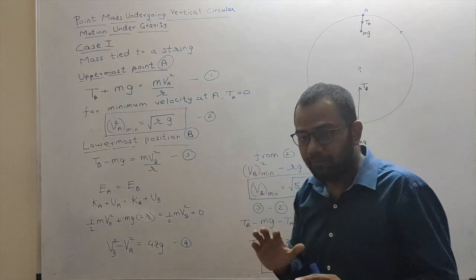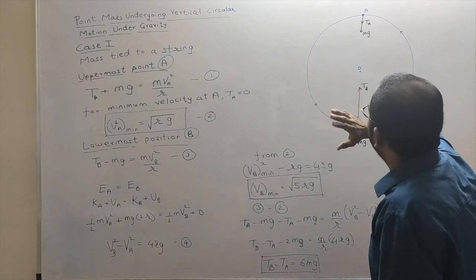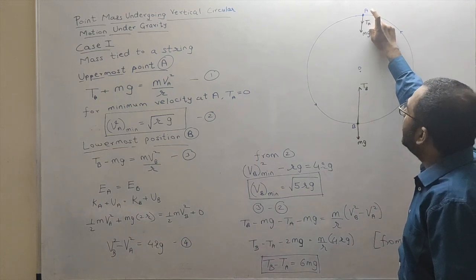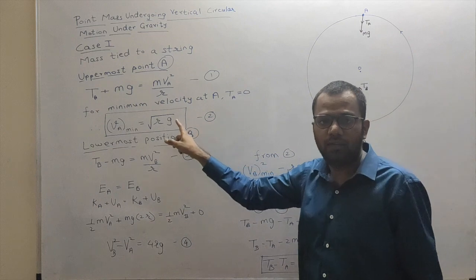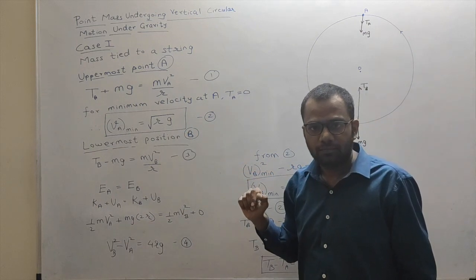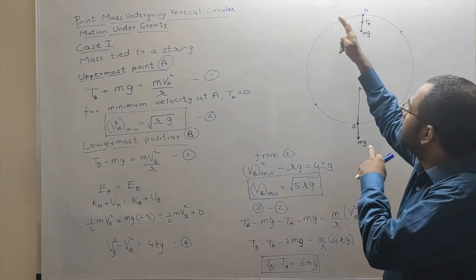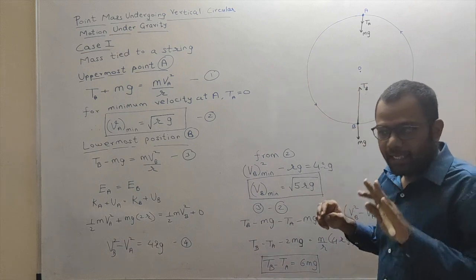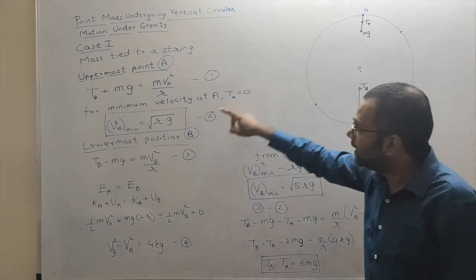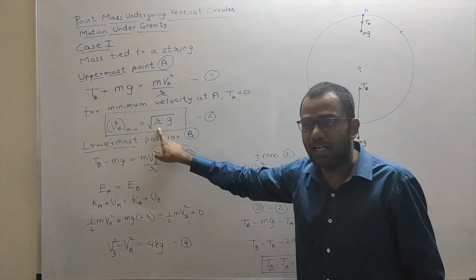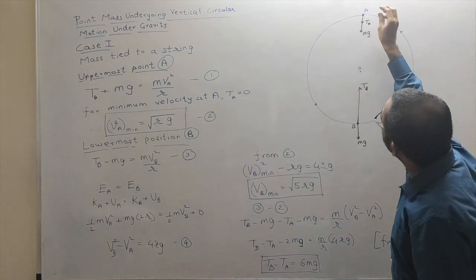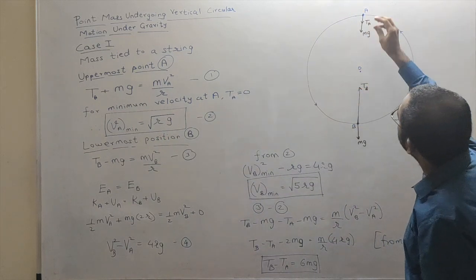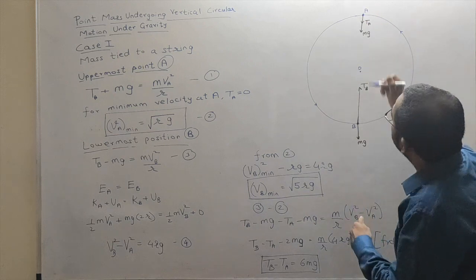So this is the minimum velocity for the particle at A, and it should be square root of Rg. Then only it will continue its vertical circular motion. If the velocity over here is lesser than square root of Rg, then the particle won't perform vertical circular motion. The particle will fall like this somehow.